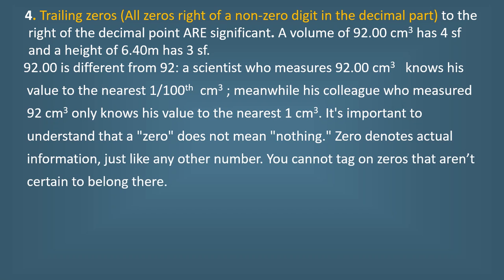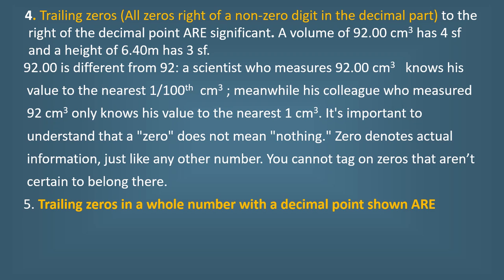You cannot tag a zero or zeros that aren't certain to belong there. So these zero values here have a meaning, and therefore they are significant. So all zeros right of a non-zero digit in the decimal place are significant.